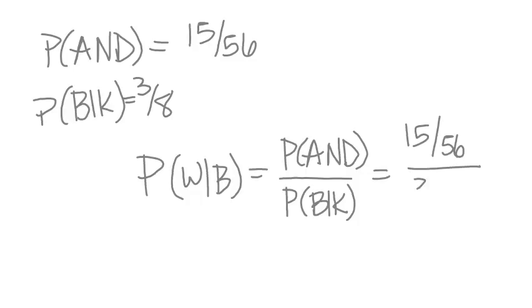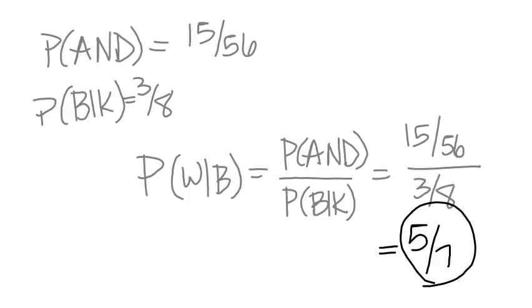And the probability of choosing the black was 3 over 8. Now, you're going to have to either know how to divide a fraction by a fraction or how to input this into the calculator correctly. And hopefully when we do that and simplify, we will be getting 5 over 7. So you're looking for the and, and then you're looking for the second half. So the second half goes here, the and goes on top.